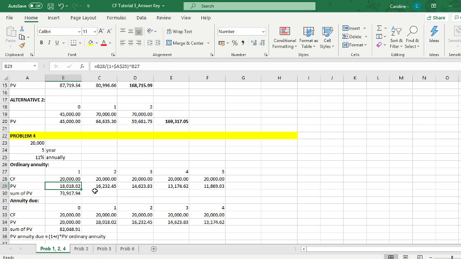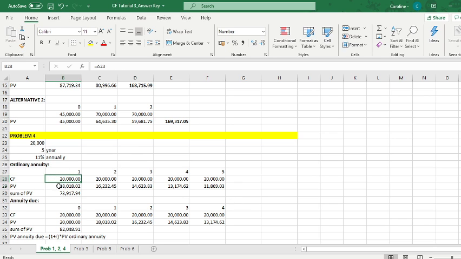It will result in the same thing. You can either use the annuity formula or the present value of the single cash flow, but in this answer key, we are just going to use the present value of the single cash flow.